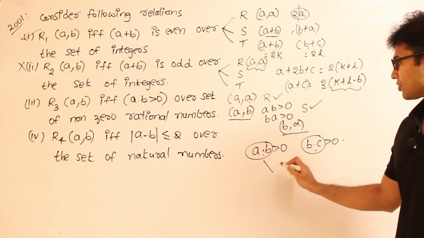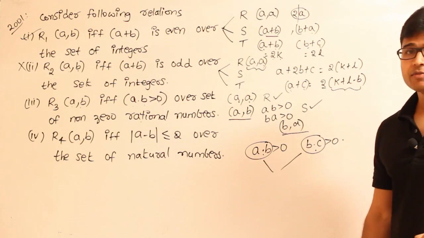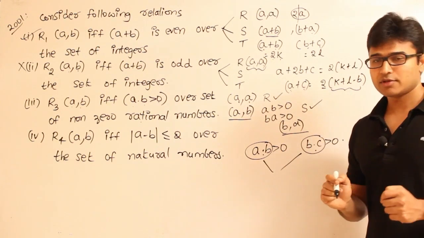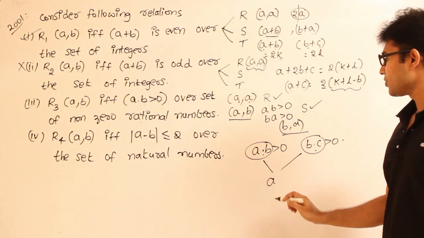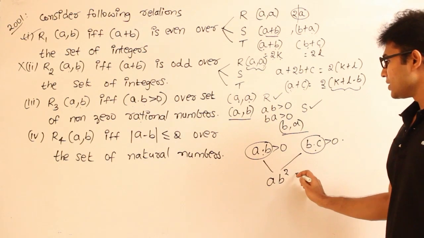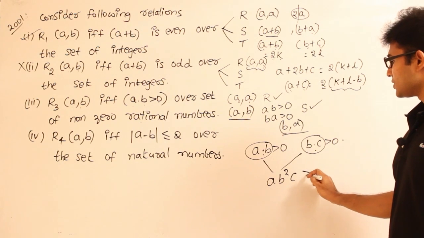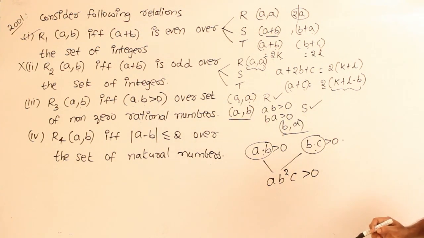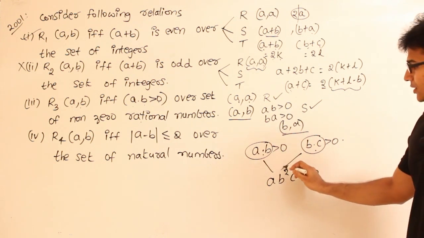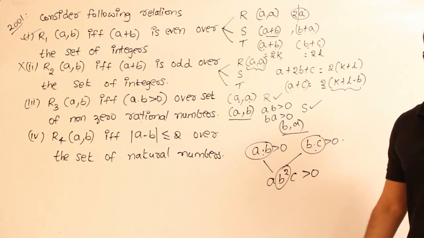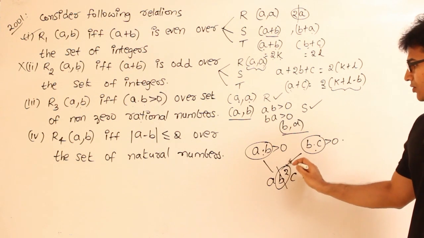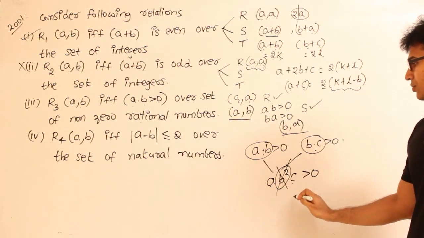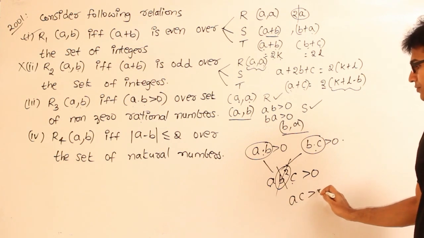If these two are positive numbers, the product of two positive numbers should always be positive. Therefore, the product is going to be a into b square into c, which is greater than 0, which means it is going to be a positive number. Now, b square is always positive, isn't it? B square is definitely going to be positive. Therefore, we can say that a into c is definitely positive.